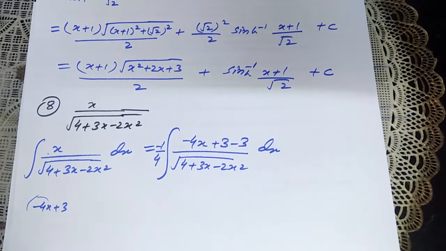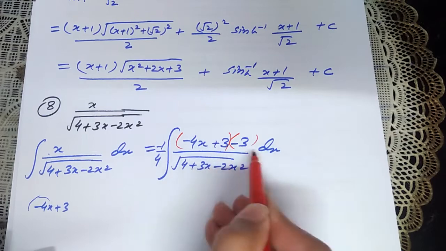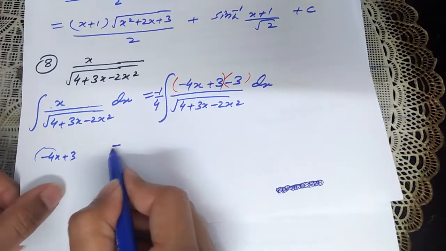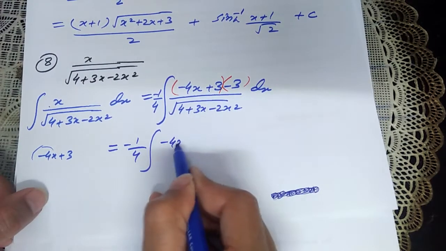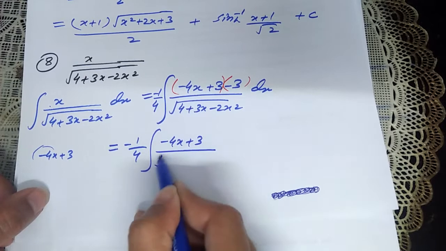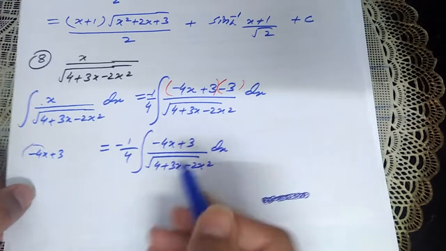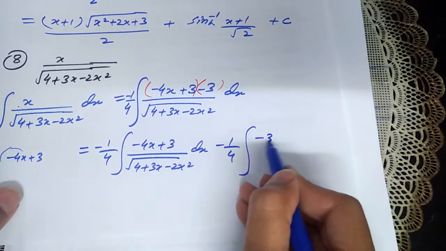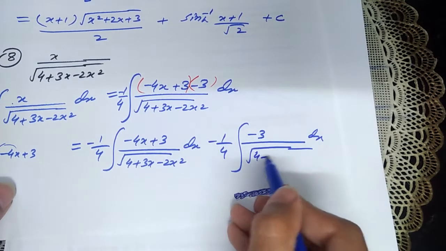Now I can separate my integration into two parts between these two functions. How? I will write it like equals to negative 1 over 4 integration minus 4x plus 3 over this denominator dx, then minus 1 over 4 integration minus 3 over the same denominator dx.